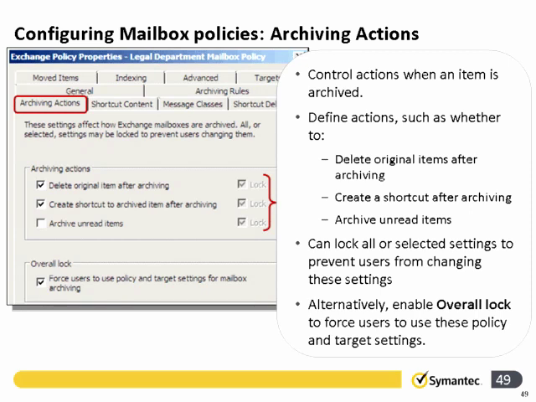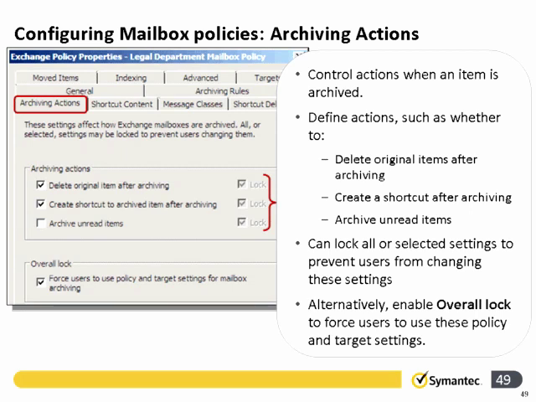Do we want to create a shortcut to that archived item after archiving? Again, this shows you that you have the option of choosing to display shortcuts or not. And then, do you wish to archive unread items? Everything that shows up in your unread folder, maybe you never got to it, maybe it was spam, whatever, but do you want to archive those items as well?